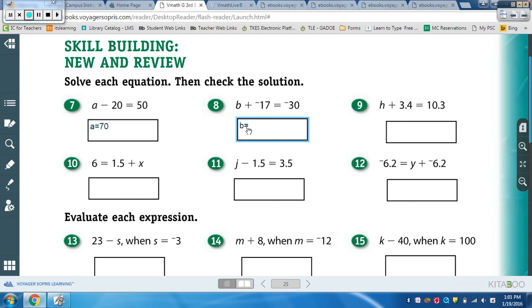Minus a negative 17, we change subtraction to addition of the opposite. You'll have negative 30 plus 17. Therefore, B will equal negative 13.